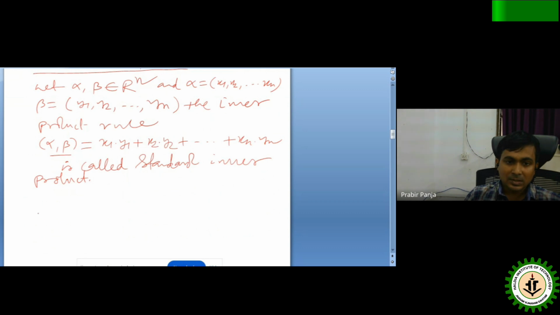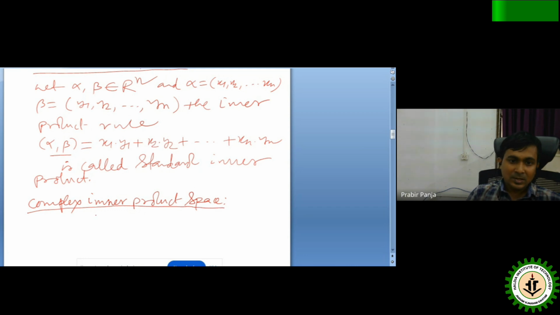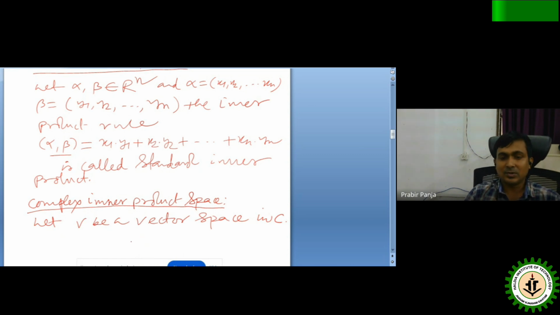Next, we have complex inner product space. Suppose let V be a vector space in C. That means here the field is the complex numbers.